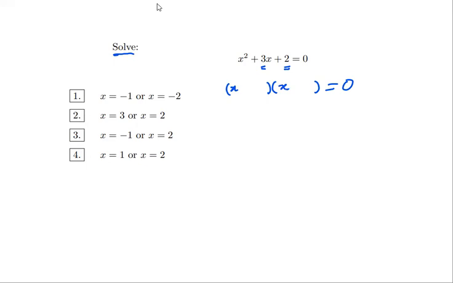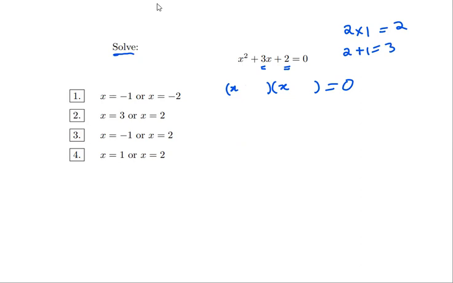We can do that because there's no number next to this x squared term. So the two numbers that when you multiply, you get a 2, but when you add, you get a 3 are, well, let's look at 2 times 1. 2 times 1 is equal to 2, and 2 plus 1 is equal to 3.